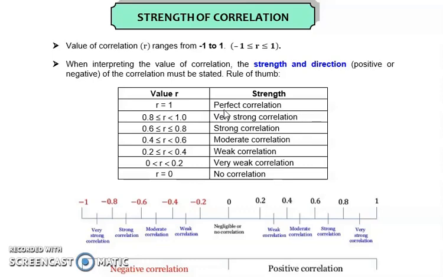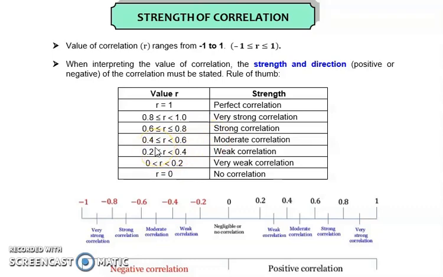Or if you get value r between 0.8 but less than 1, we can say that it has a very strong correlation. If you get positive, the direction will be positive. If you get negative, the direction will be negative. Or if you get between 0.6 to 0.8, we can say that it has strong correlation.